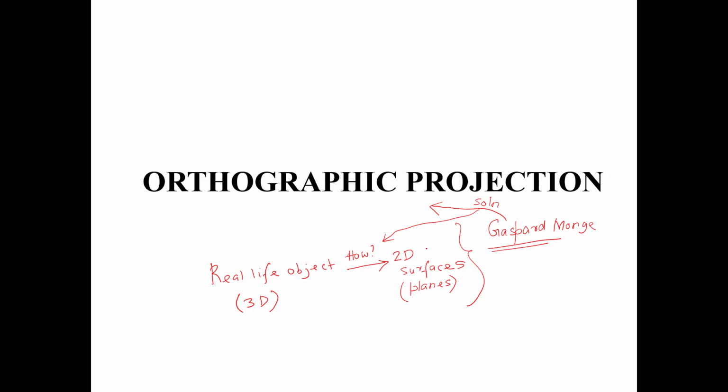That is the reason behind the introduction of this technique of orthographic projection, which is one of the most popular tools in the field of engineering drawing. So let us see this in the upcoming slide.